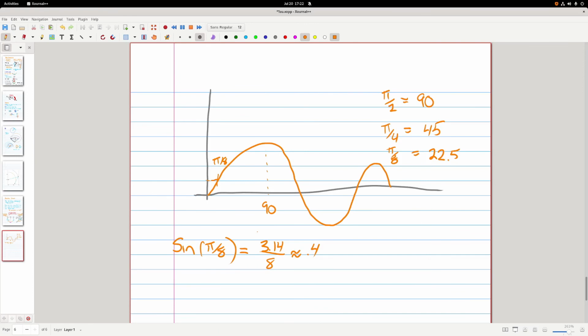Okay, how did I do this, and how close am I?